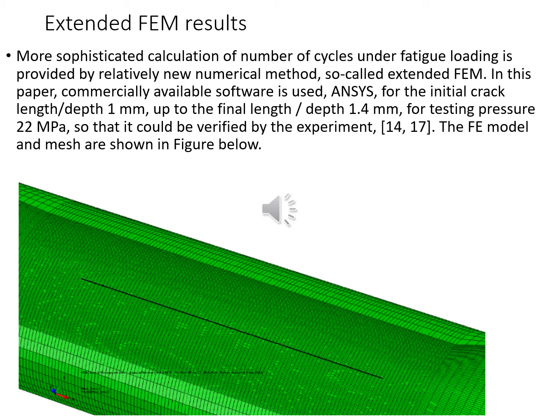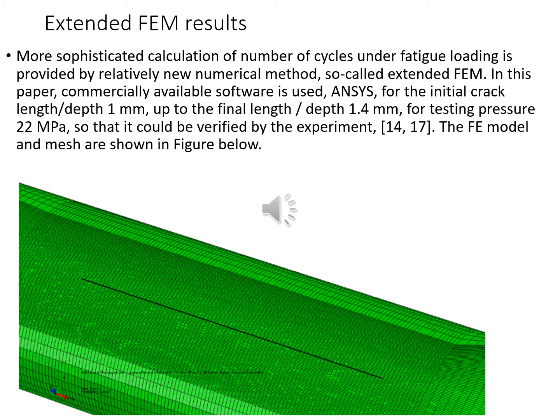It's about 200 millimeters. So crack depth is, of course, our focused crack dimension because we follow crack growth into depth. But anyhow, there is certainly an effect of crack axial length.